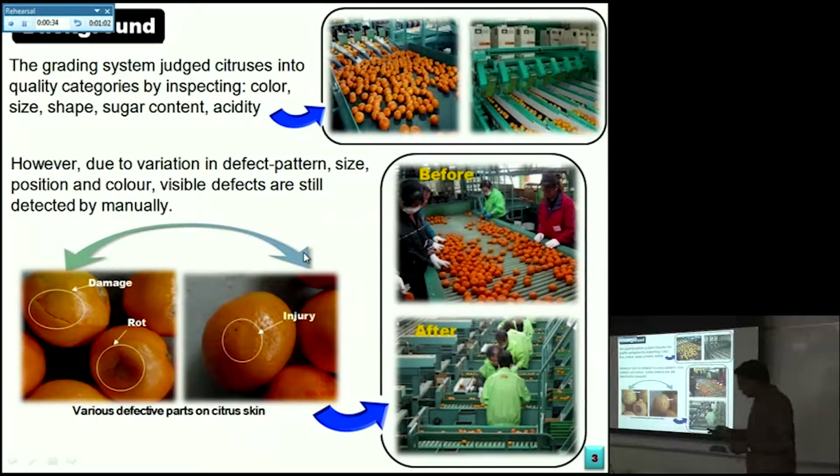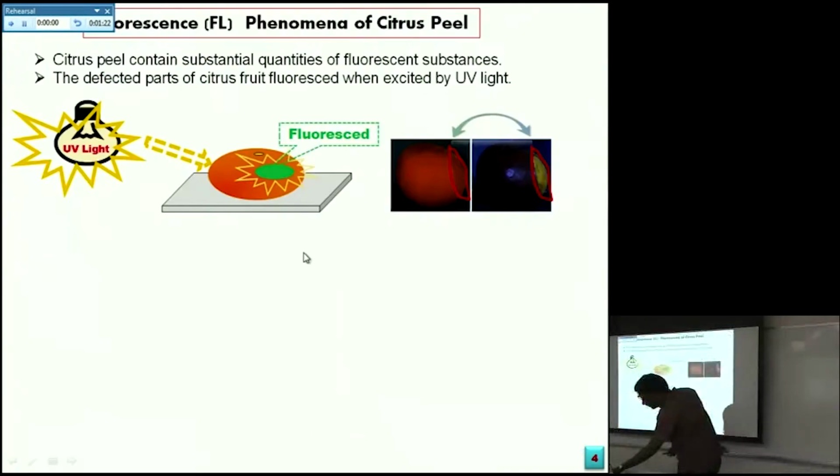This is because of variation in defect pattern, size, position and color. So attention should be paid to developing automatic detection of defective citrus in order to reduce the labor of grading, ensure the reputation of farmers' brands, and supply quality citrus to the market.